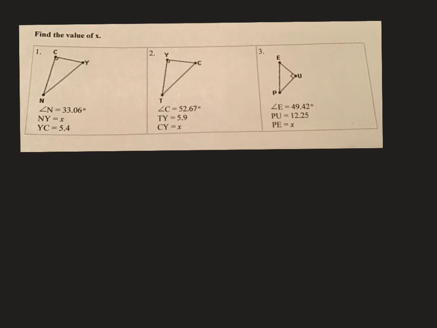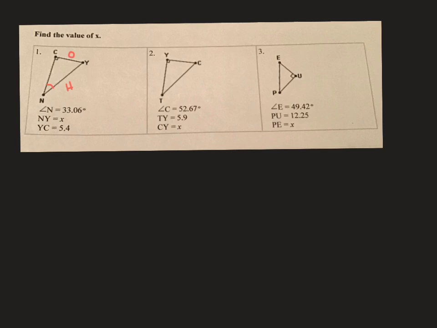For this final section, we are given an angle and a side, and we need to find the other side. So we have this angle here for our first one, and we're also given the side opposite of it. It's asking for NY. NY is the hypotenuse of this triangle.